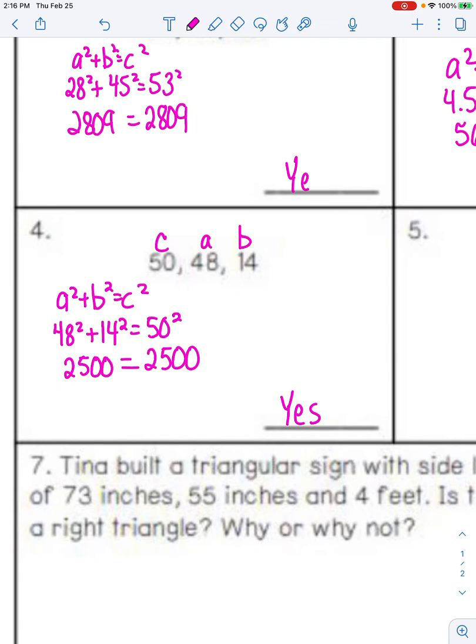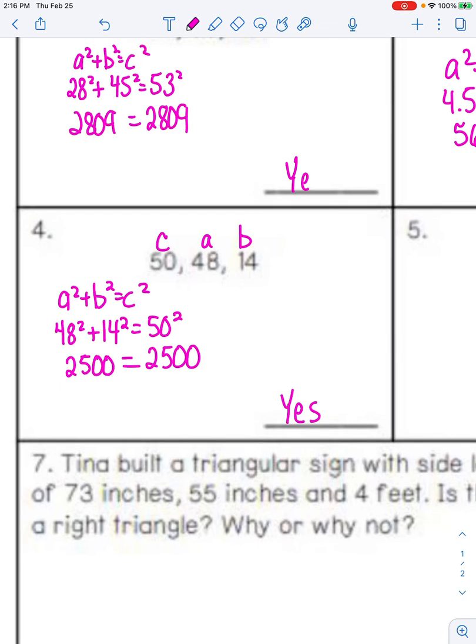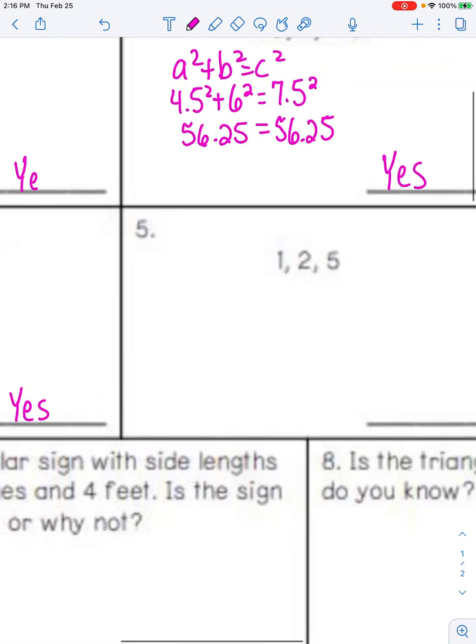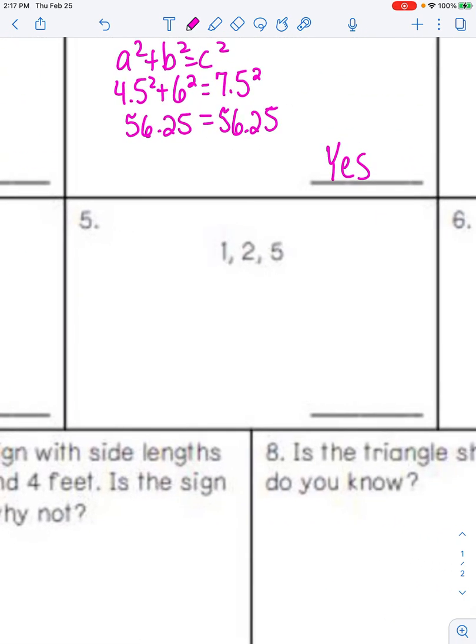Now let's take a look at number 5. On number 5, we have 1, 2, and 5. Clearly 5 is the biggest, so that has to be C. I'm going to make A 1, B 2. Write your formula, a squared plus b squared equals c squared. We said a is 1 squared plus, we said b is 2 squared equals, we said c is 5 squared.